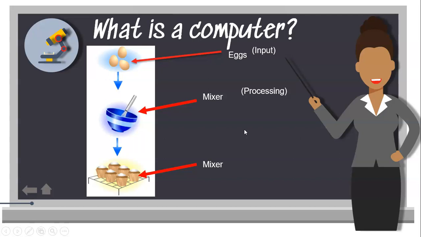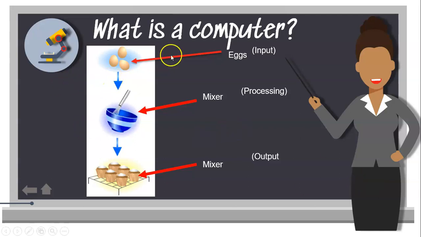Where there is a mixer, it's actually processing. You can see those eggs, they are raw, and here now the output is what you can eat. The output means they have been mixed and the whole process has been done.